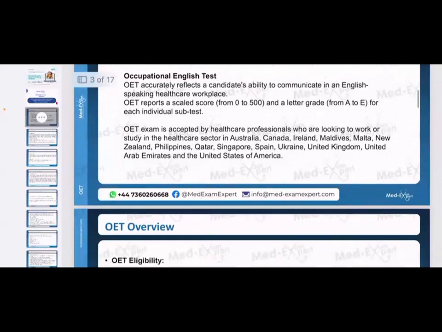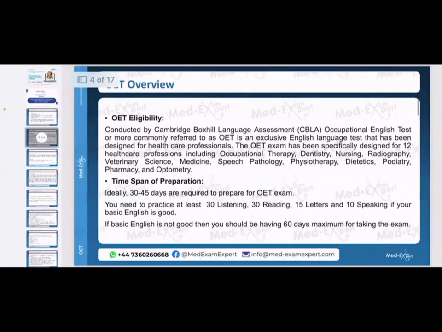So these are the countries in which, if you are taking the OET exam, then definitely you can apply to their medical council or the medical regulatory body, whatever the thing is.